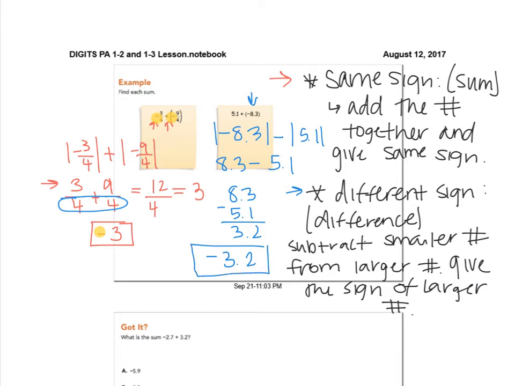So you have to always remember to go back and check your answer. Go back and check and make sure that you have your negatives where they're supposed to be. Because we always give the sign of the larger number. And the sign of our larger number was negative in this example.